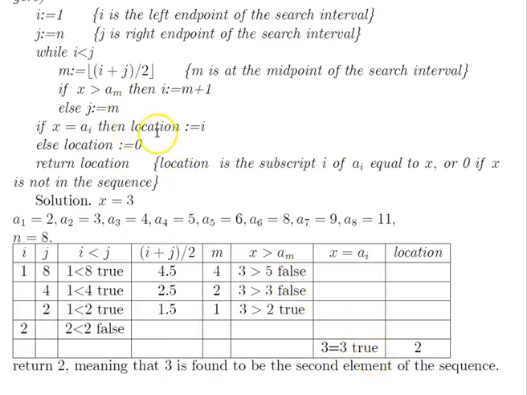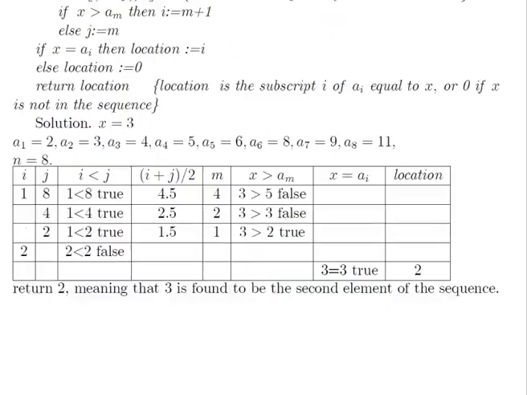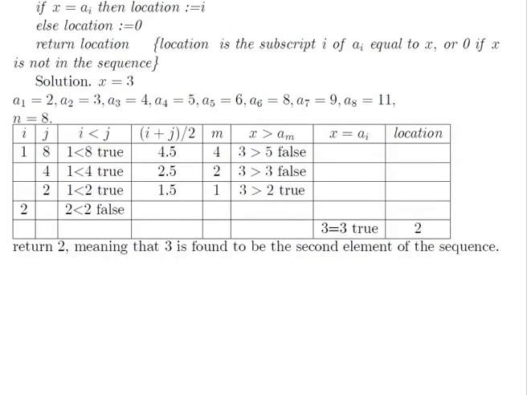Because it is true, location takes value 2, and the algorithm returns location, which is 2, and in a sub 2 we indeed have the value 3, the value of x. So the correct value of x is found.